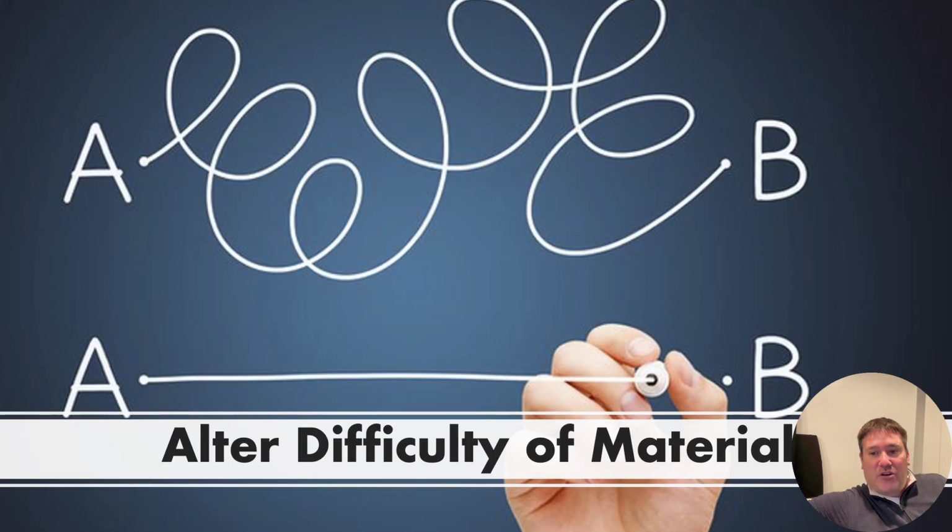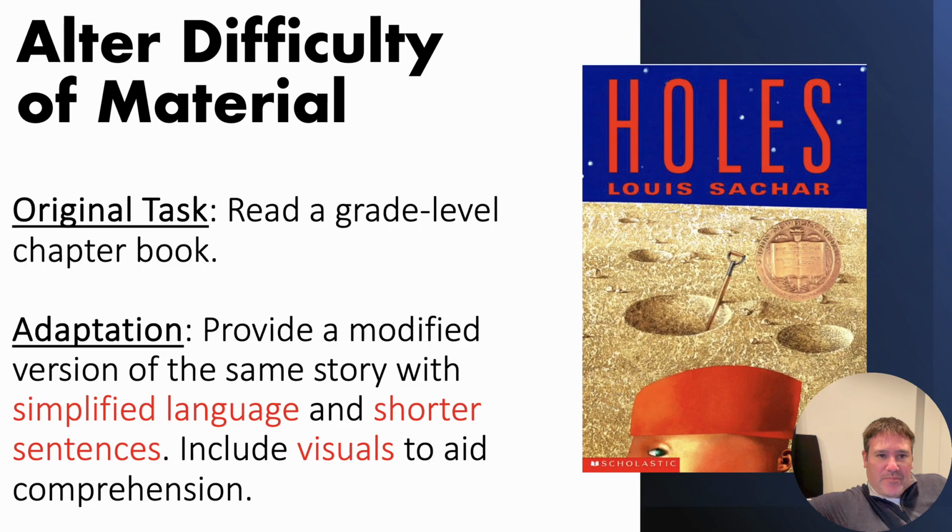To alter the difficulty of material, a lot of kids would have trouble reading, just being told, go read the book. But some students require a modified version of the same story with simplified language and shorter sentences. They can also be given visuals to help aid their comprehension.